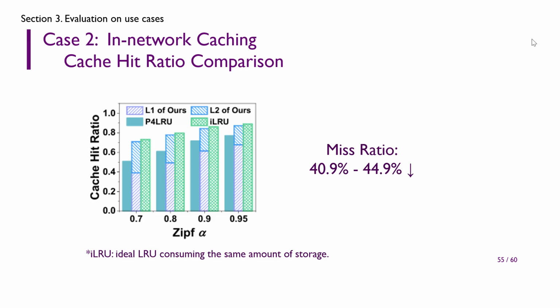Experimental results show that our cache hit ratio is significantly higher than the approximate strategy implemented by P4LRU, and the traffic sent to the database server can be reduced by more than 40%. The gap with the ideal LRU strategy is also small.